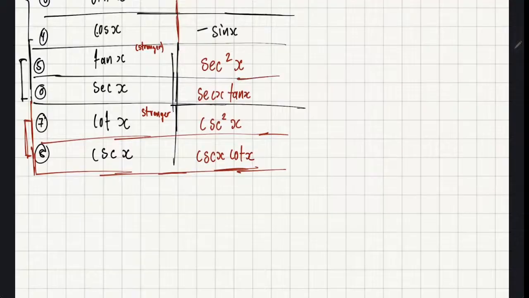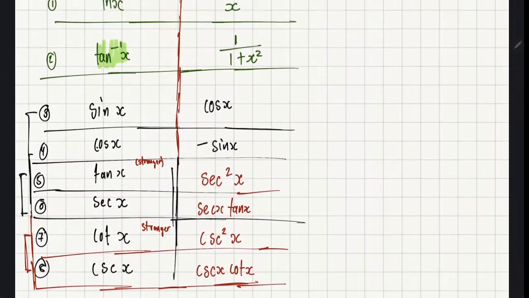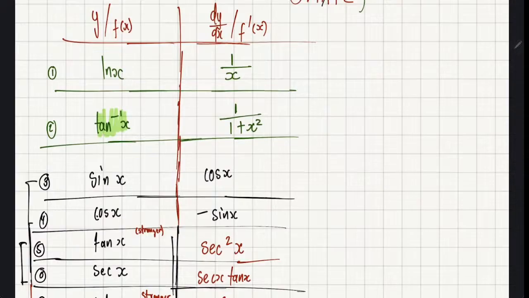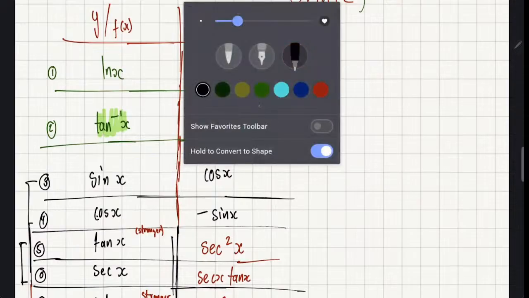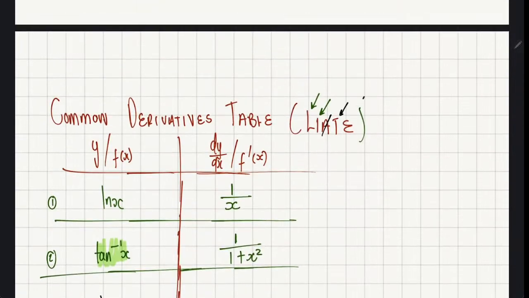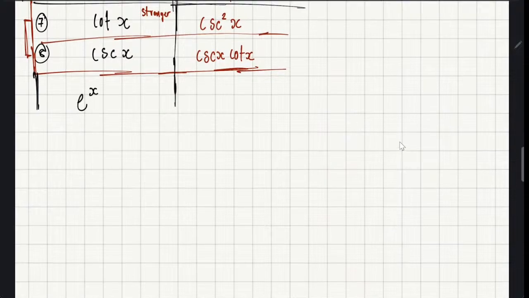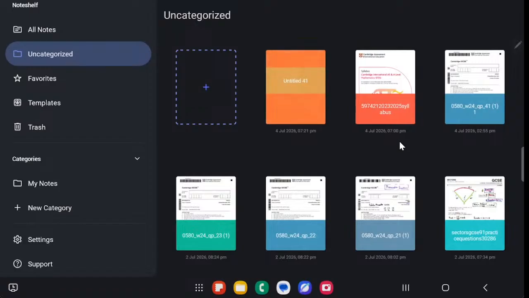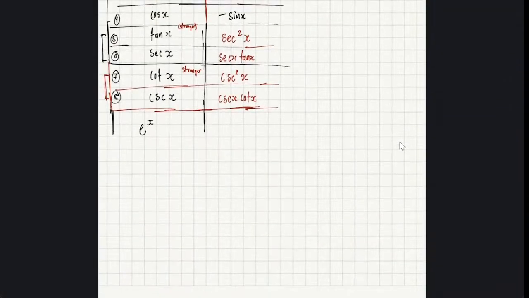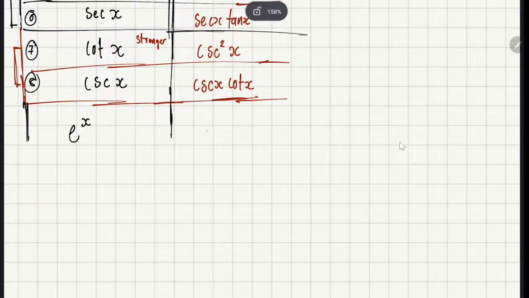Now, you have one more type of function to know, which is the last one, the exponential function. Exponential function should be there in our table. What is the exponential function? It is y is e to the x. So you gotta put y is e to the x. What do you get when you differentiate e to the x?